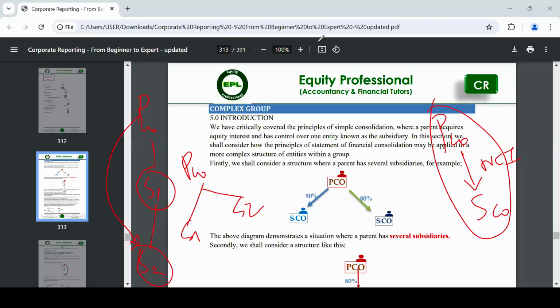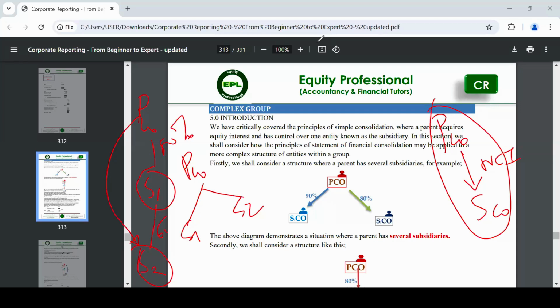By logic, whether you calculate effectively, because I remember somebody was asking a question as to why we still went on to consolidate the sub-subsidiary, even though the effective interest was less than 50%. I think we had a case where parent owned subsidiary 80%.